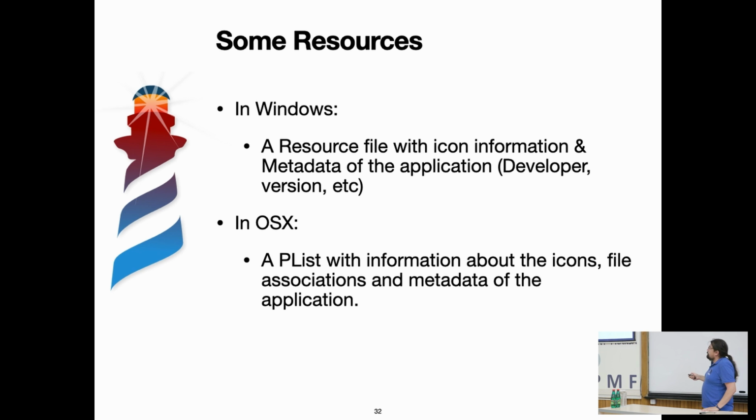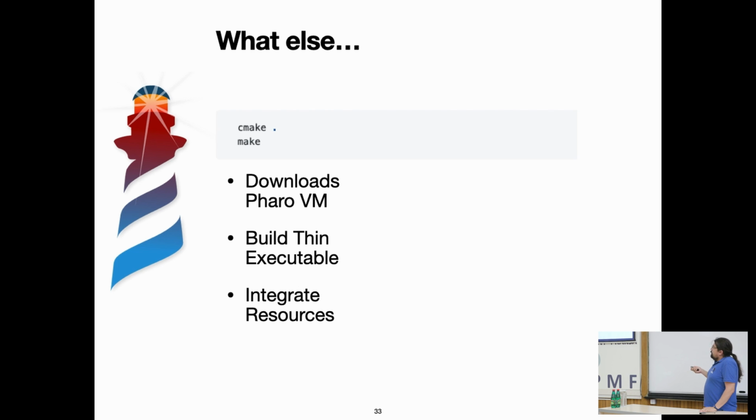The same happens in OS X, where we can define the metadata; for example, if we can handle documents, we will like to define the associations there. Basically, with the example, we will need to execute something like this, and this will directly do the configuration. In the repository, there is more information on how to resolve this.